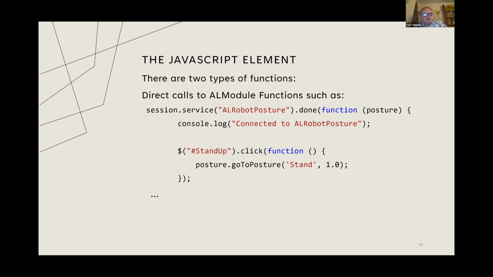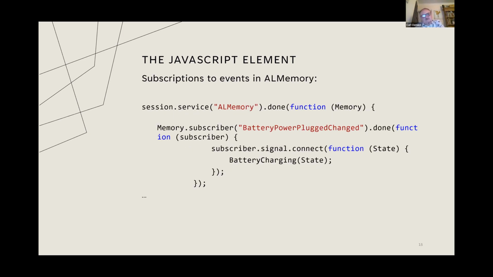The other type of call is what's called a subscriber call. For those of you, I suppose I should ask the question really, let's pop you all back up. How many of you have looked at AL memory? Oh, good. I've got 2 at least. Yeah. Thanks, Gianni.